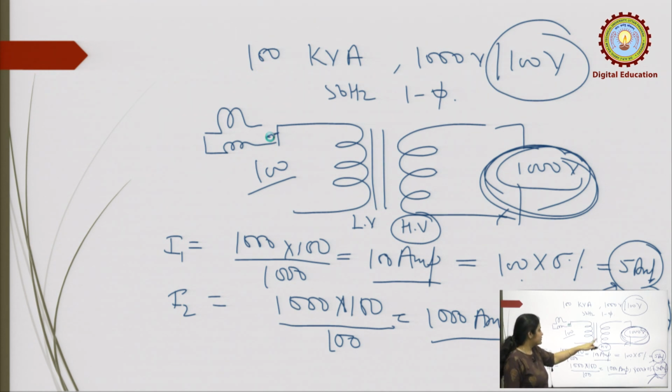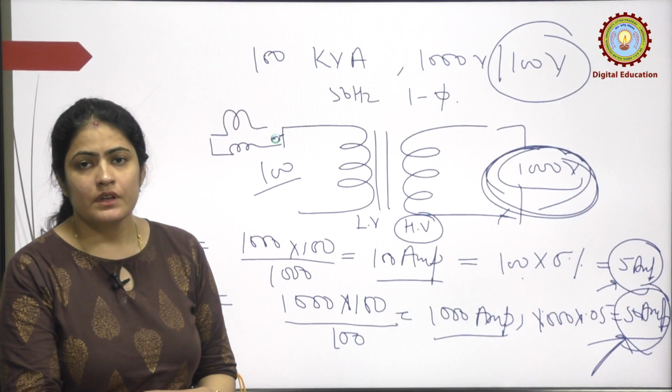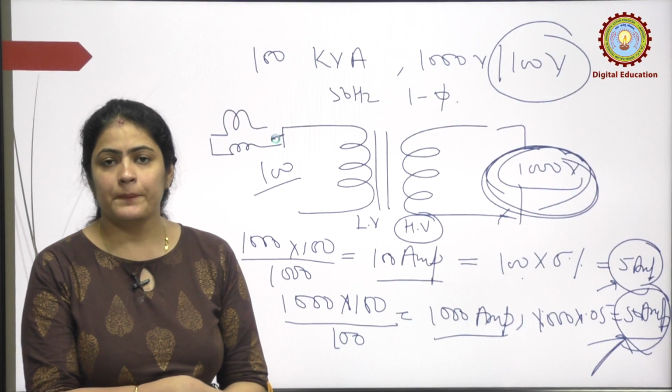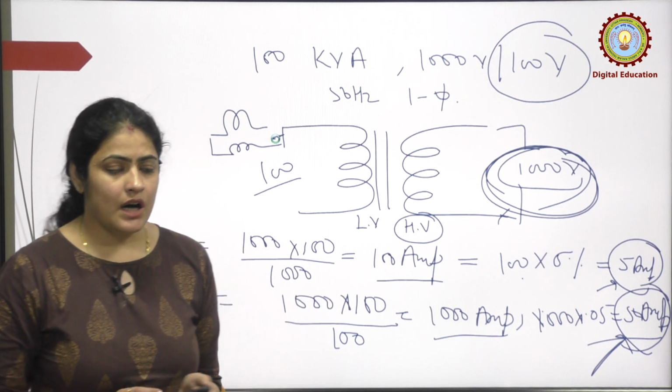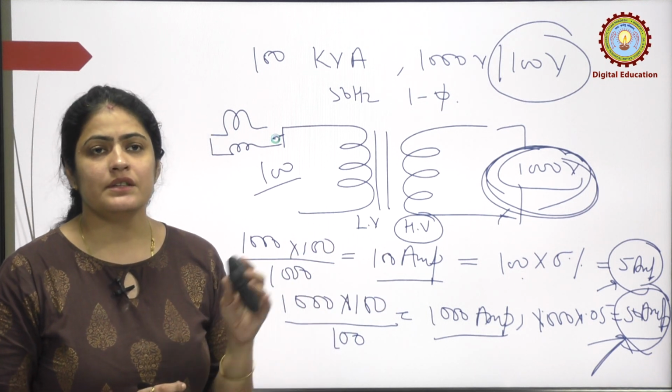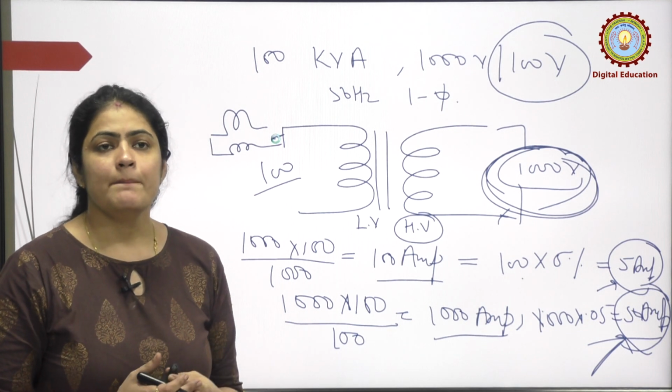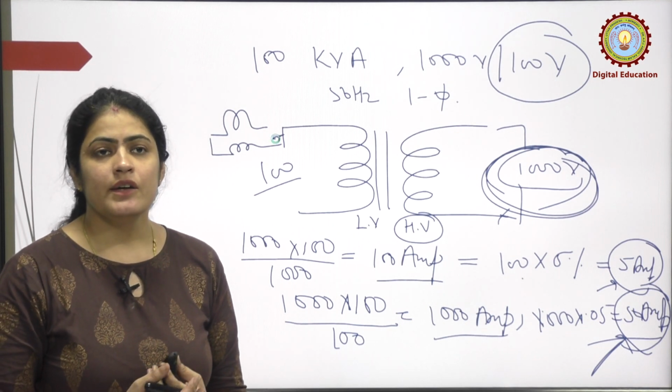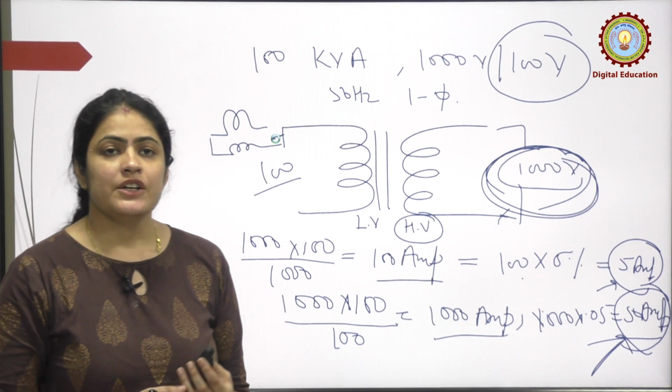That's why it is performed on the high voltage side, because on the high voltage side the rated current is comparatively low in comparison to the secondary side. Okay. So this is how we do the two experiments, the open circuit test and short circuit test, to find the equivalent circuit parameters of the transformer.